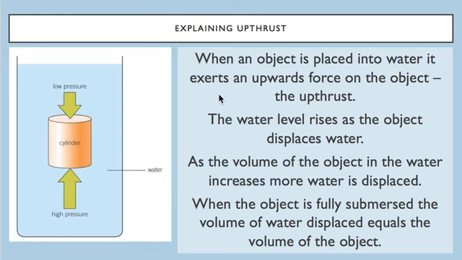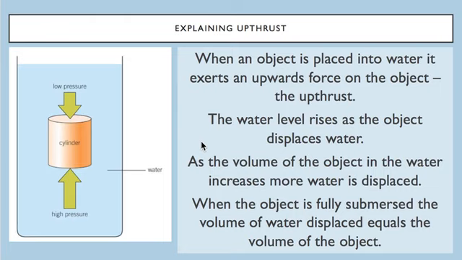It's a word you probably have heard before when things are floating. When an object is placed into water, the water exerts an upward force on the object, and that is called the upthrust. The water level rises as the object displaces water, so as you put something in water, the overall level of the water increases.